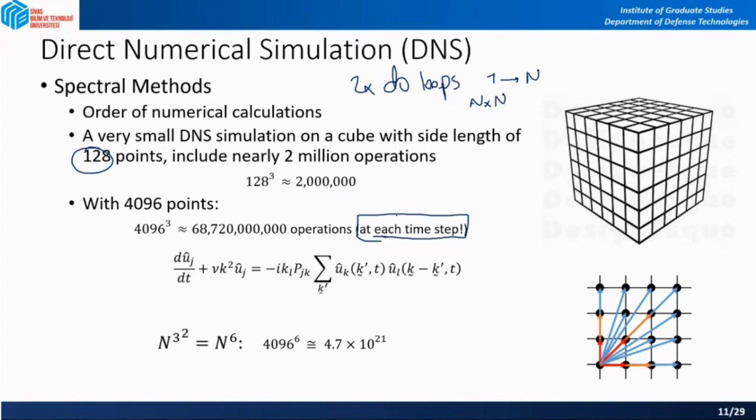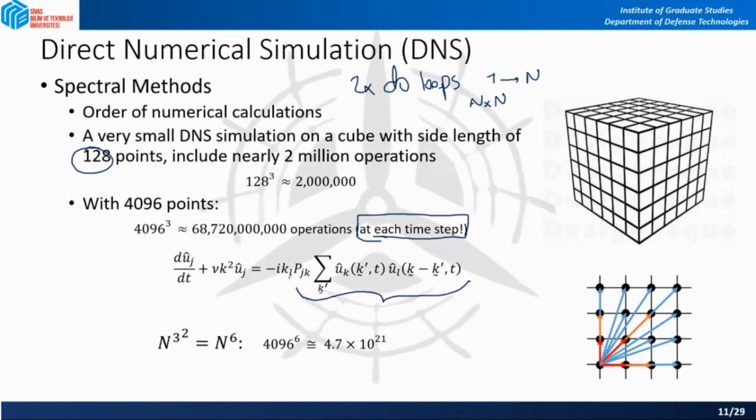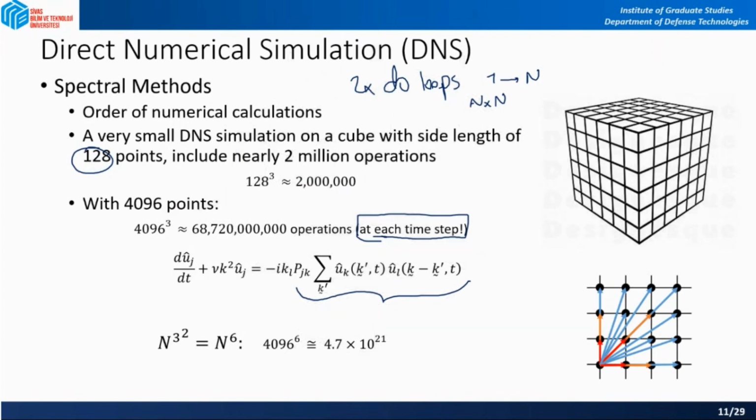So to find the right hand side of the equation that we just saw, this is a very simple equation, but the right hand side involves too many operations. This is basically what makes it very difficult, even when you use the spectral method.